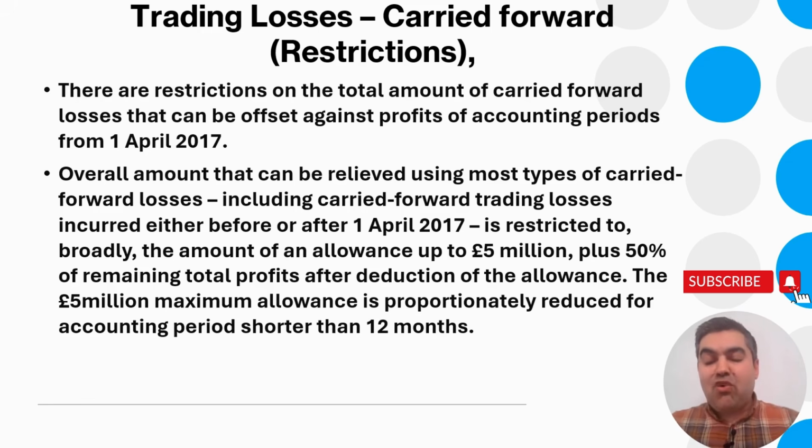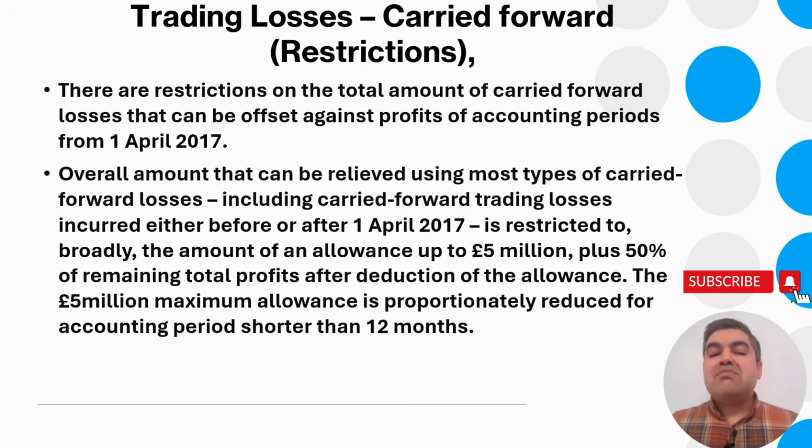You can't just bring it forward and set it against the profit. The amount will be restricted to 5 million plus 50% of the remaining total profit after deduction of the allowance. So you deduct the allowance first and then take 50% of the remaining total profit.